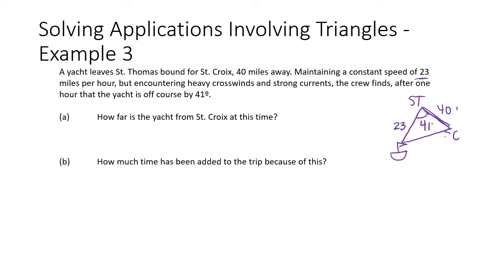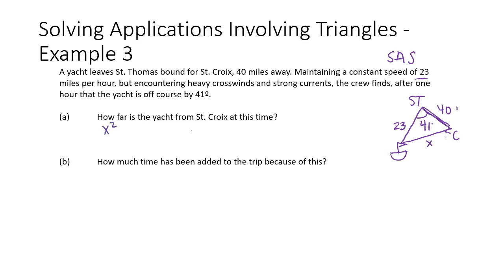There's my yacht. So I'm solving for this right here. We've got a side, angle, side triangle. When I have that, that's a law of cosines. So let's figure that out. We'll call this x.